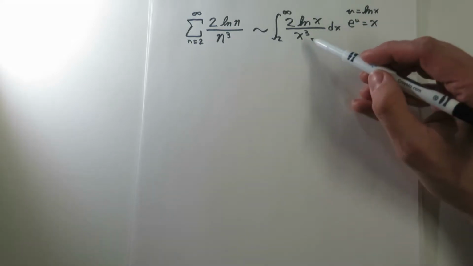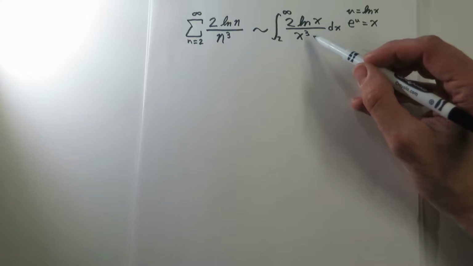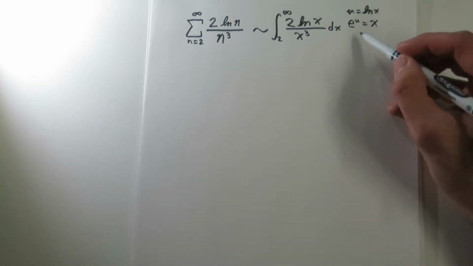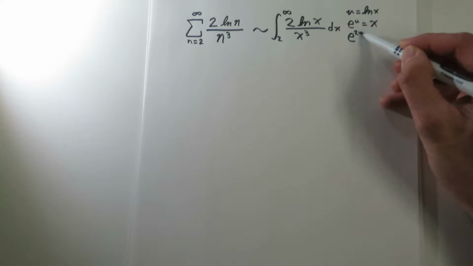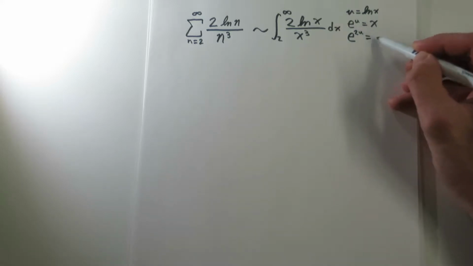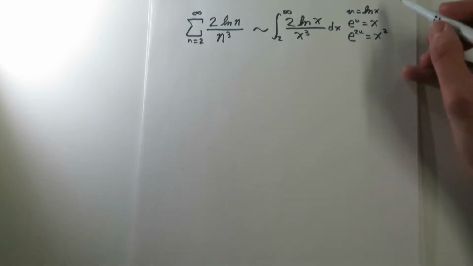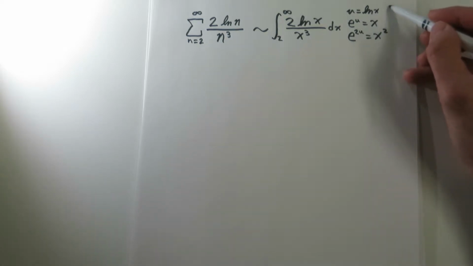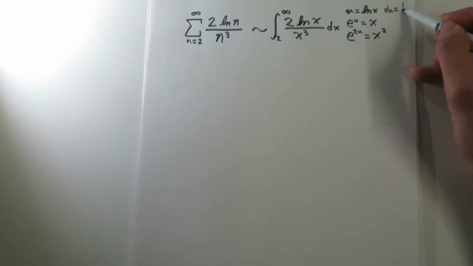And in this case, our du is going to be 1 over x, so we're going to have an extra leftover x squared down here in our denominator, so we might as well go ahead and say that e to the 2u is going to equal x squared. And we also know that our du is going to equal 1 over x.